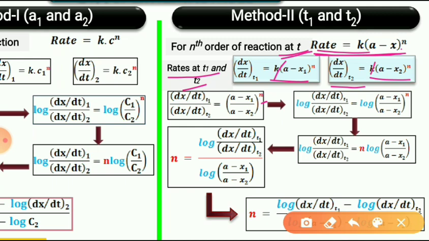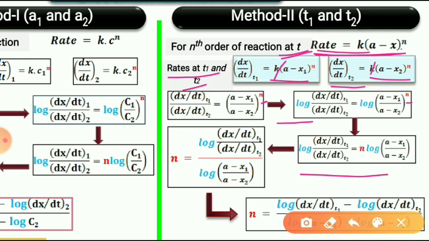Now apply the log on both sides, so we get log of dx upon dt at t1 upon dx upon dt at t2 equal to log of ((a minus x1) upon (a minus x2)) raised to n. Again we can modify this equation: equal to n into log of (a minus x1) upon (a minus x2).